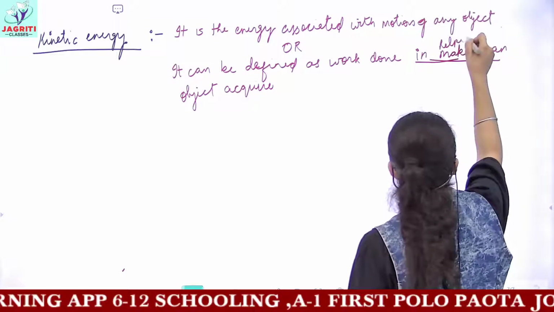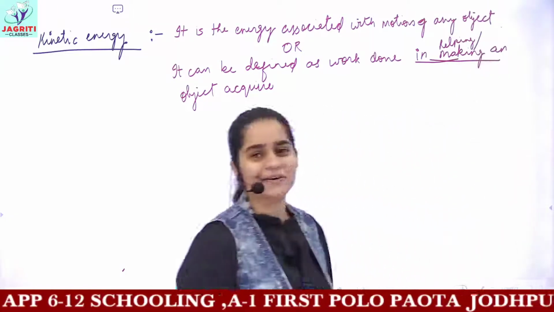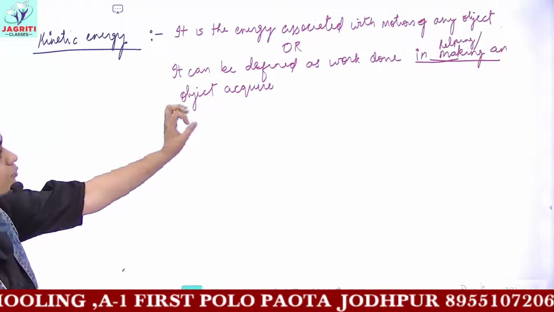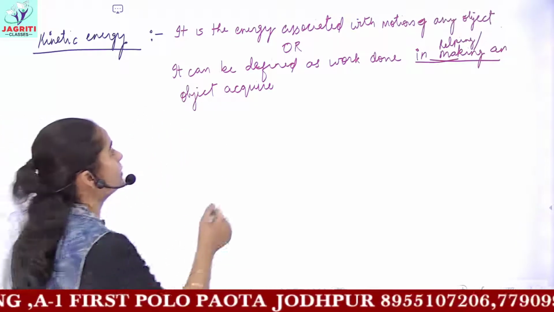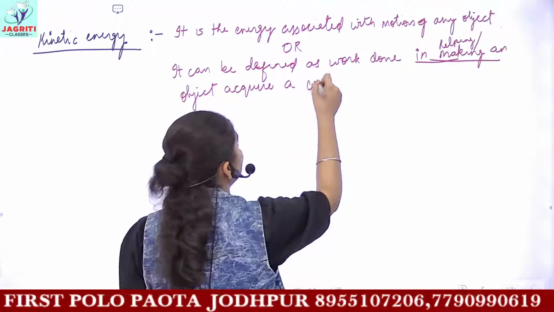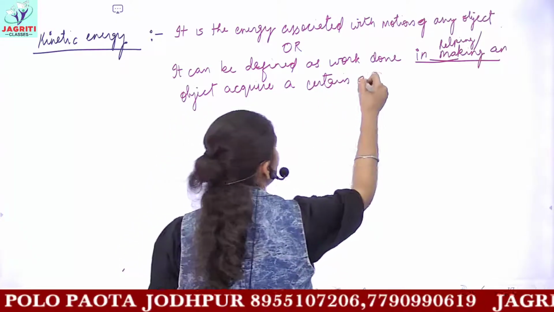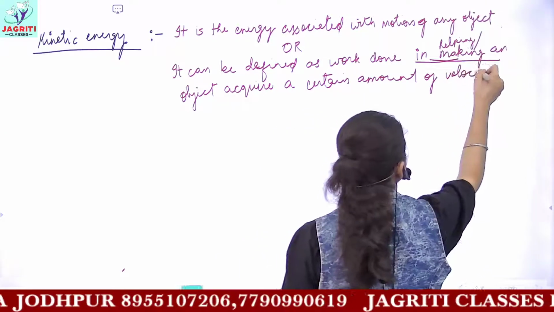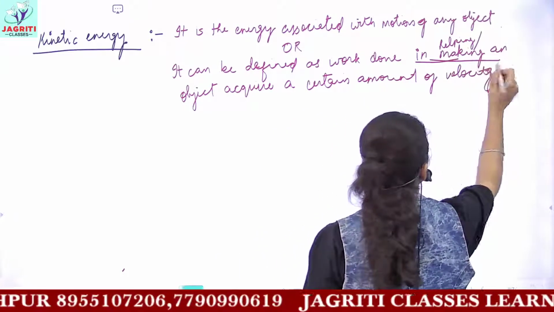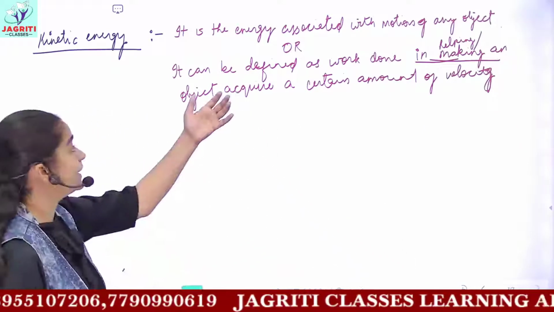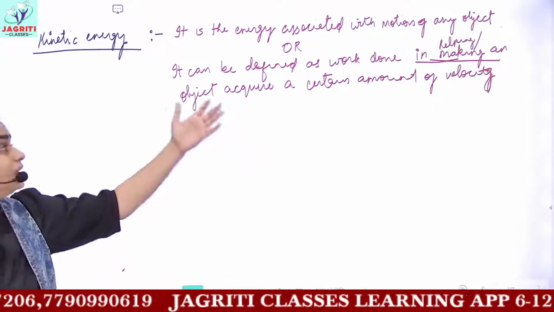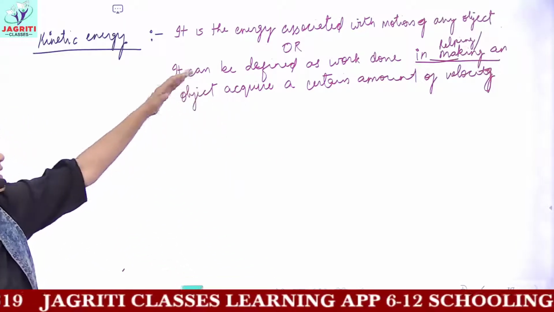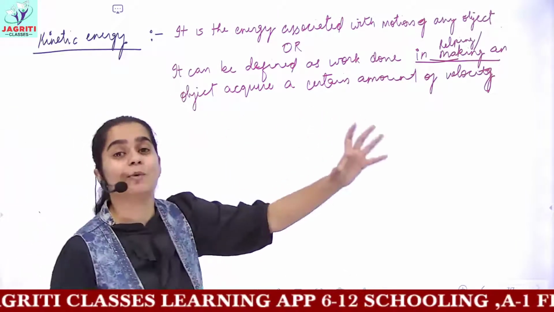Okay, we are not constructing or making any kind of object here. So kinetic energy can be defined as the work done in helping an object acquire a certain amount of velocity, certain magnitude of velocity. So in this manner also we can have the definition of kinetic energy. Kinetic energy can be defined as the work done in helping any object to acquire a certain amount of velocity.